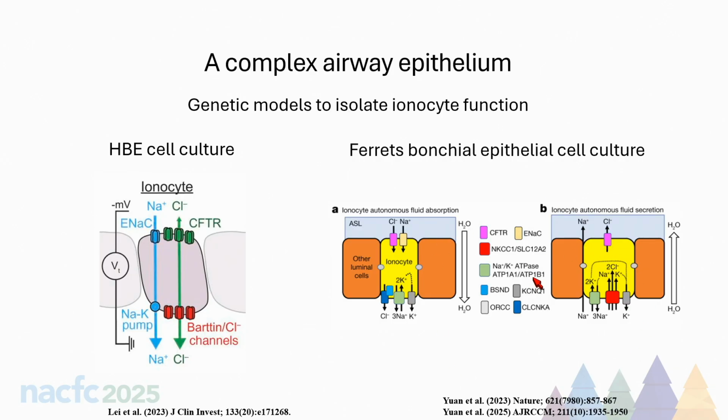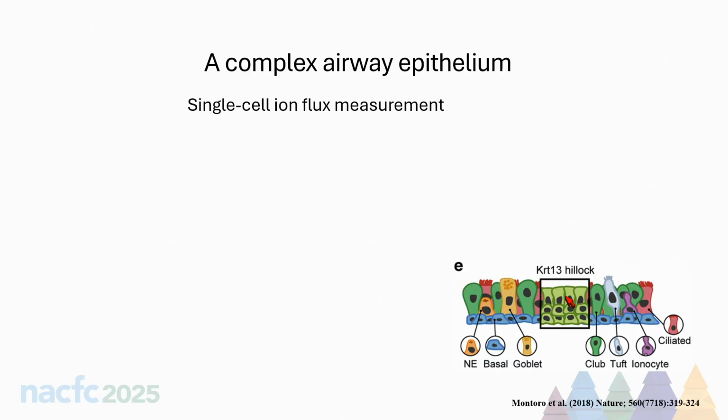This is, as you saw, extremely convincing data, especially the data reintroducing CFTR in a CF background, which produces significant changes that make sense. So the prediction from this is that if I were to measure transport across an ionocyte, I should see sodium transport.